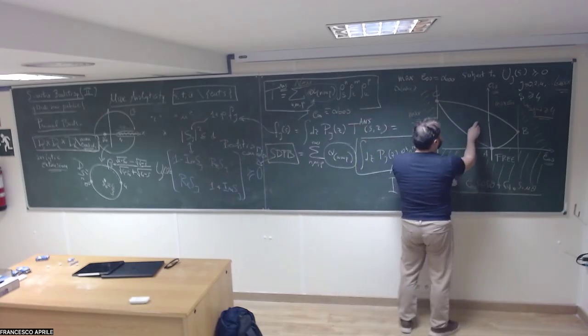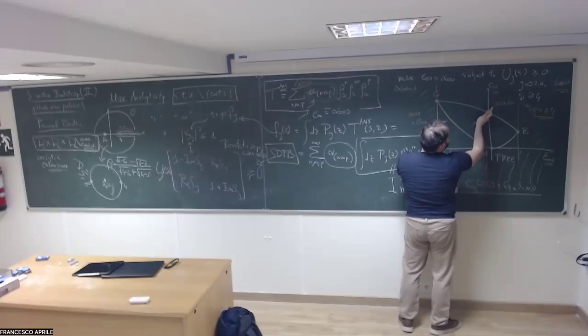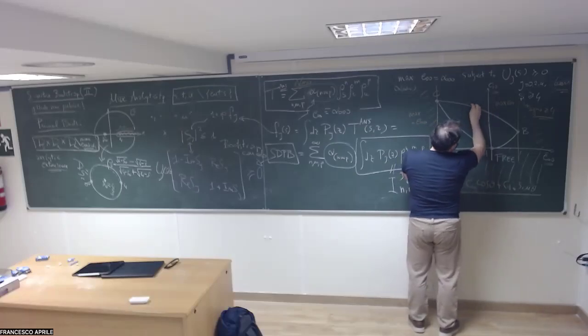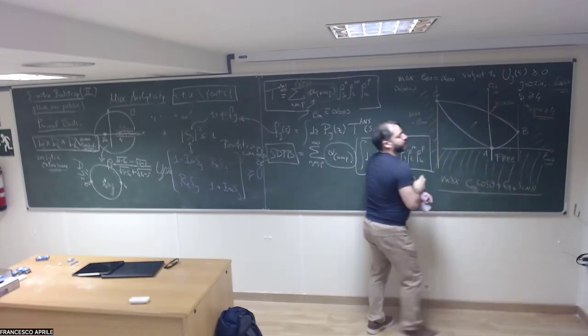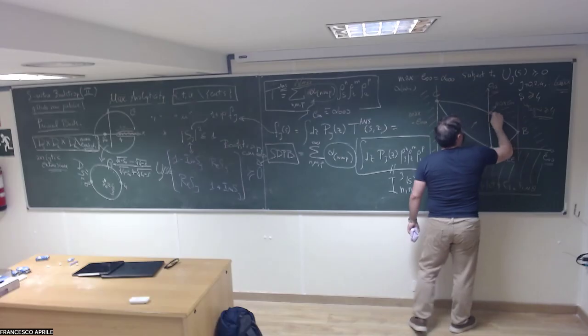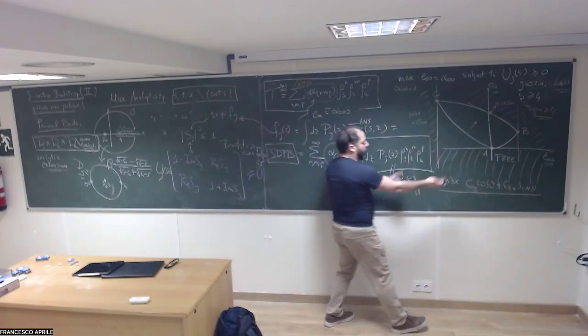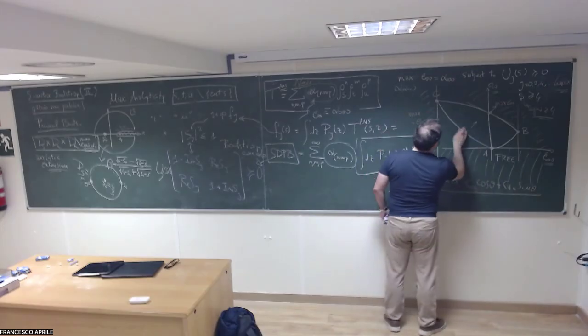So if I pick this theta, I will shoot and find the point on the boundary whose tangent has this normal. And I will exclude all these points.